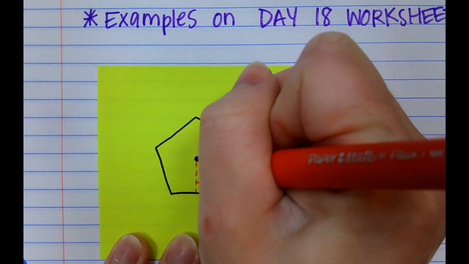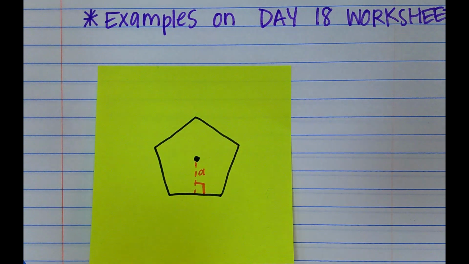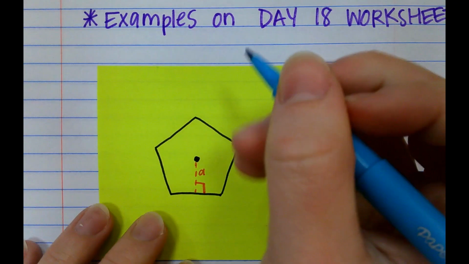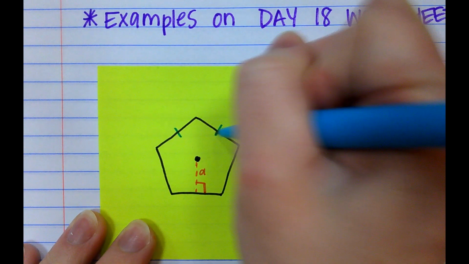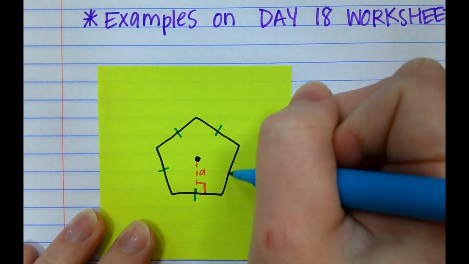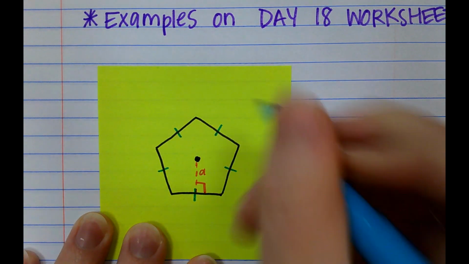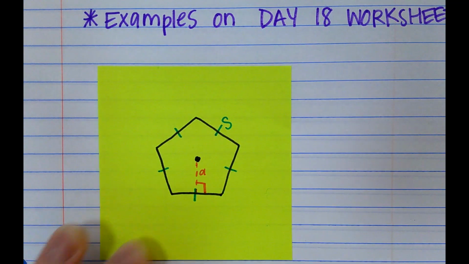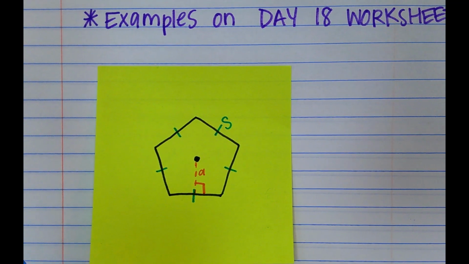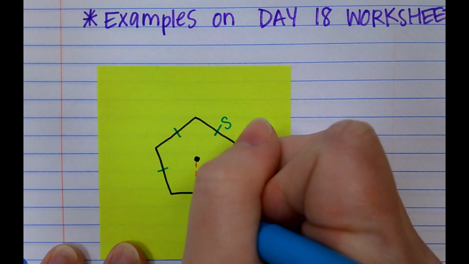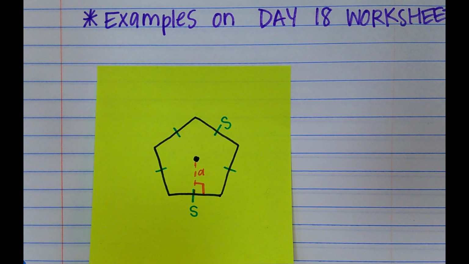We'll put A. Then let's put tick marks on each side length and write S on any of those. So all of these are my S. Maybe I'll also put one down here so it's near the apothem.